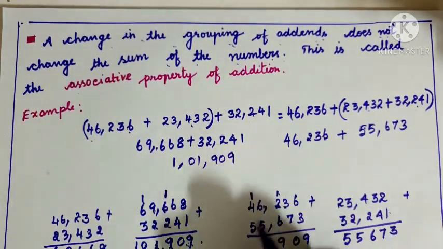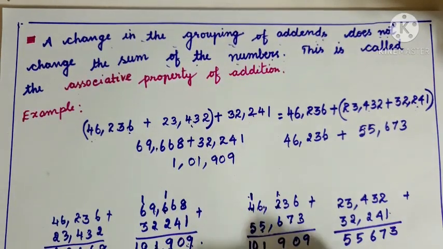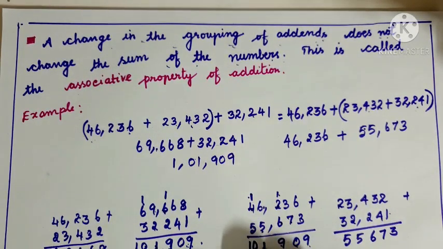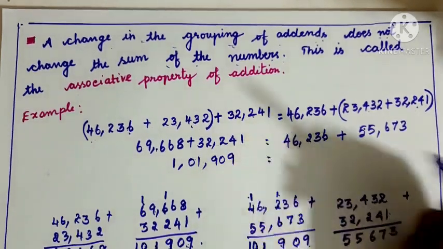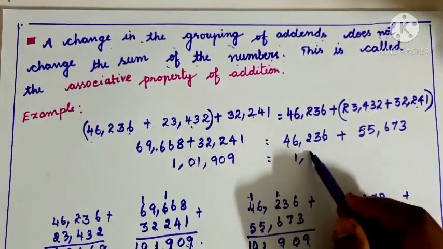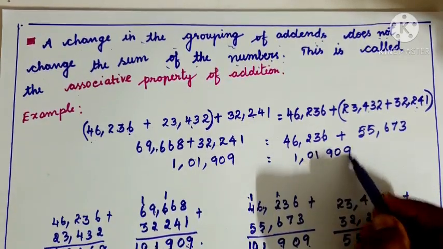Carry over 1. 1 plus 4 is 5. 5 plus 5 is 10. So what is this? Ones, tens, hundreds, thousands, ten thousands, lakh. So 1 lakh, 1,909. So that is equal to 1 lakh, 1,909.